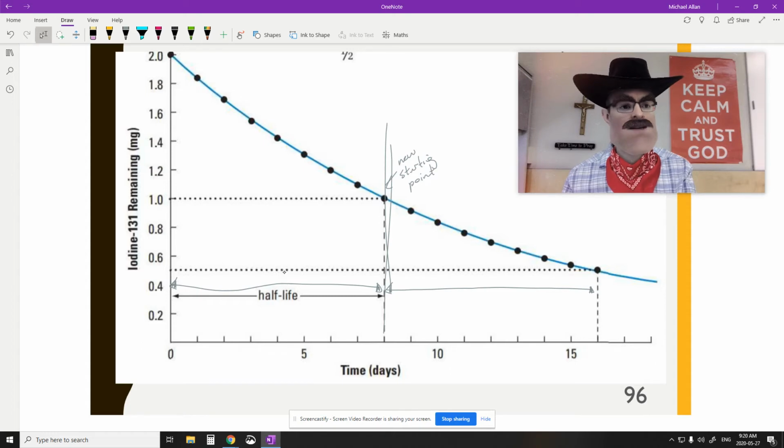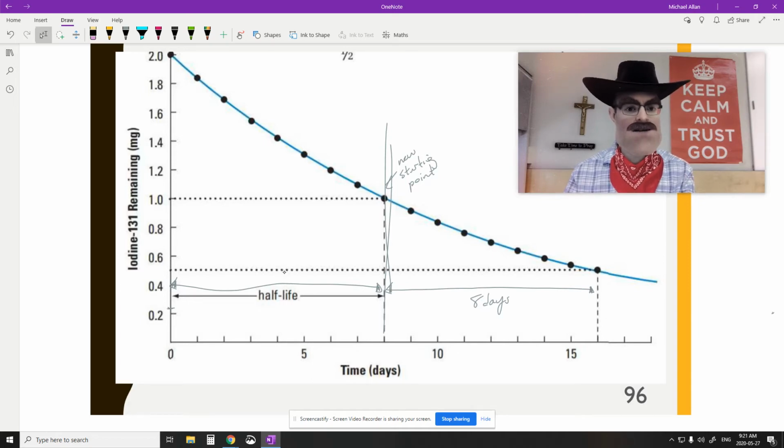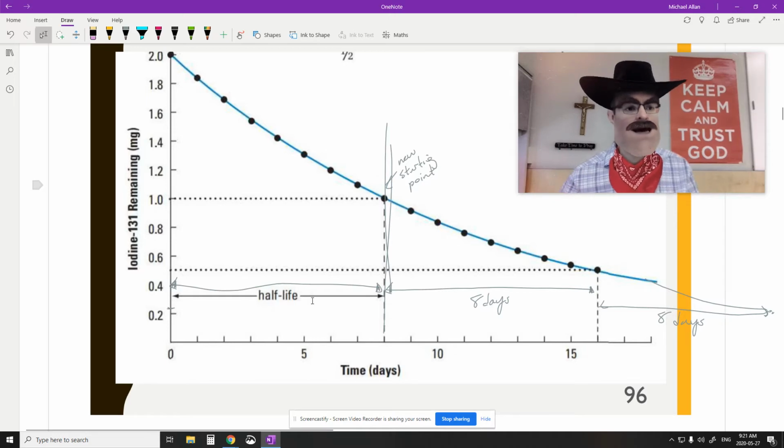So the time it takes to get to half as much as it was before, another 8 days. So now we're at 16. Now, if I wanted to go down to 0.25, like half of that, it would just be another 8 days later. So over here, this graph would continue down. This distance would also be 8 days. Okay? So every 8 days, you decrease by half as much.